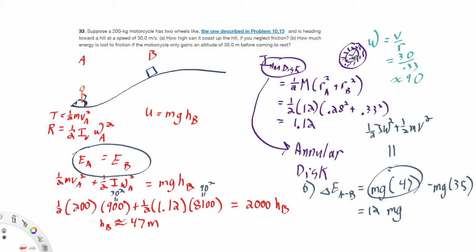Whereas I guess if I was being a stickler on this blue-gray thing over here, I would have said that the non-conservative work is equal to the change in energy, which is equal to blah, blah, blah. I'm not going to ask parallel axis theorem problems.